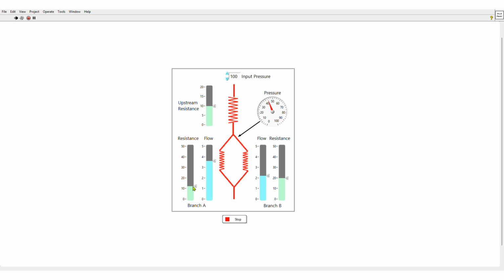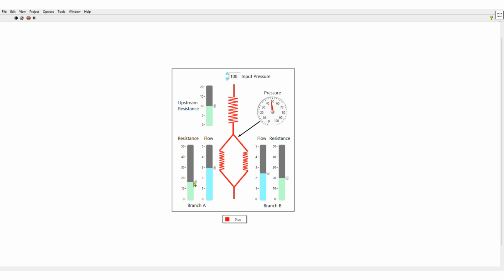But you'll notice that something else also happened. If we look at the pressure gauge while I do that, I reduce the resistance, I increase flow in branch A, but the pressure to the two branches, the perfusion pressure, goes down. That perfusion pressure going down means that branch B flow will also go down because of that. And indeed it does. And so this is cerebrovascular steal.